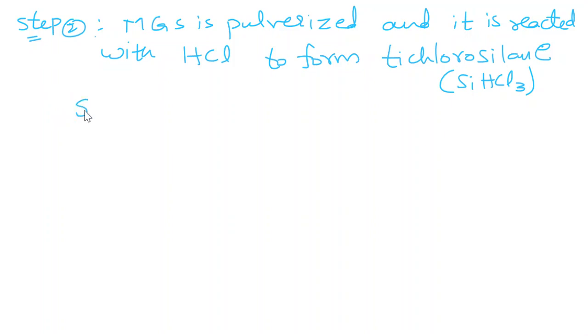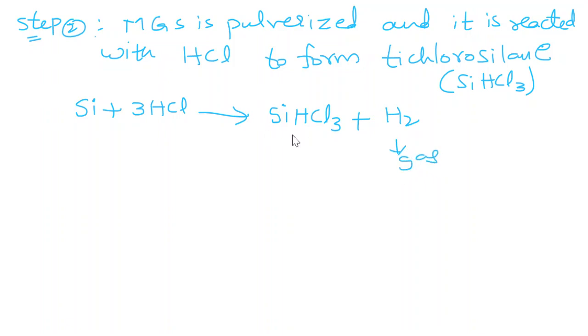Here silicon, metallurgical grade silicon, is reacted with 3 molecules of hydrogen chloride, which gives SiHCl3. Here 3 chlorine atoms and 1 hydrogen are taken, so the remaining 2 hydrogen atoms give an H2 molecule. This is a gas and this is a liquid at room temperature. This is more important, room temperature.